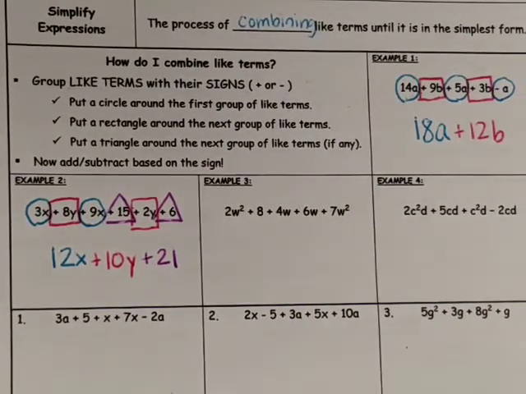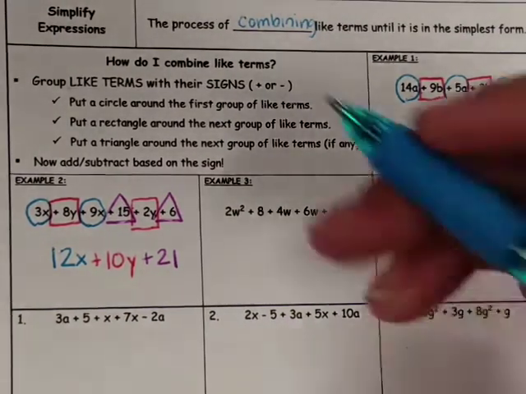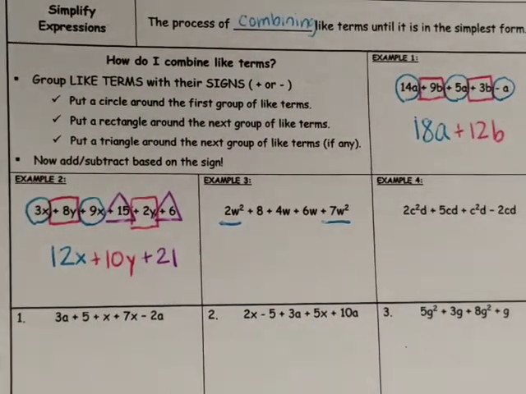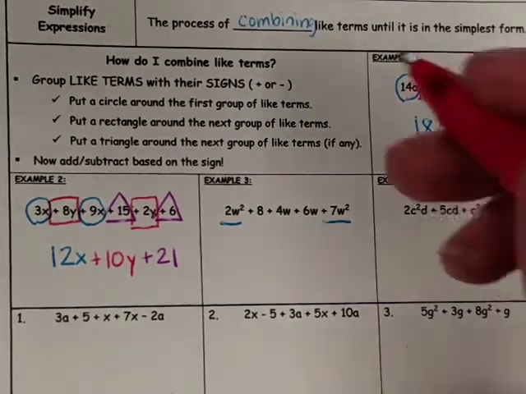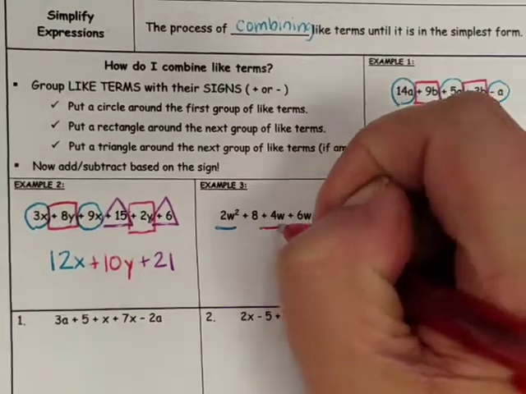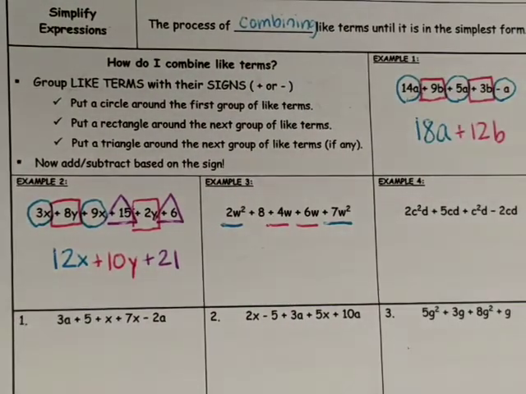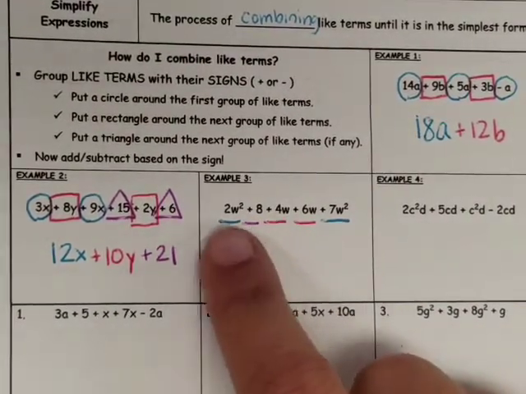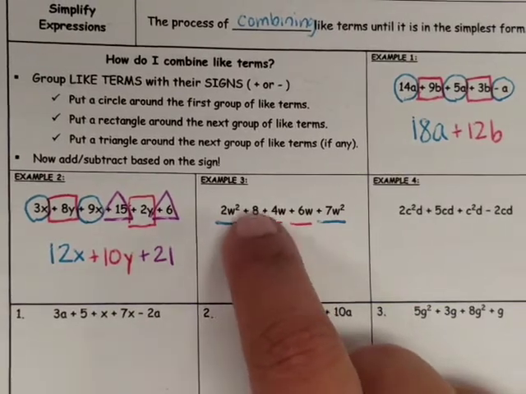Another way you could do this is just by underlining. So 2w squared, is there anybody else that's alike? 7w squared. And then I have 4w and 6w. And then I have 8. The only thing that's not good about doing it this way is that you have to pay attention to the sign that's in front.